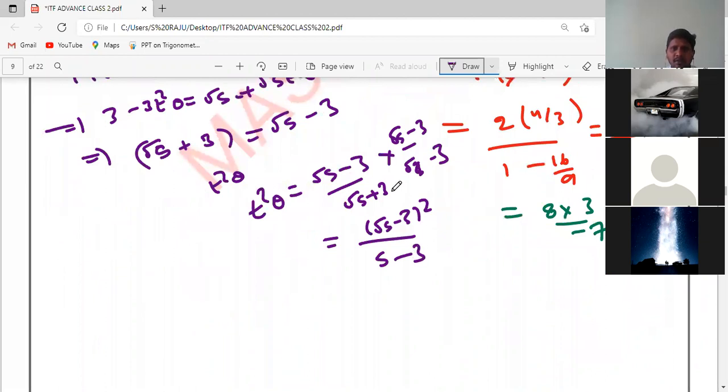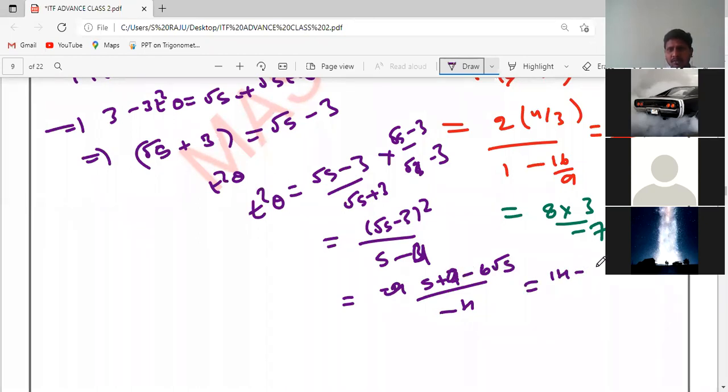Here, what is the answer? 5 minus 9, minus 4. Anyhow, denominator minus 4. Numerator: a square is 5, plus 9, minus 2ab. What is 2ab? 6 root 5.